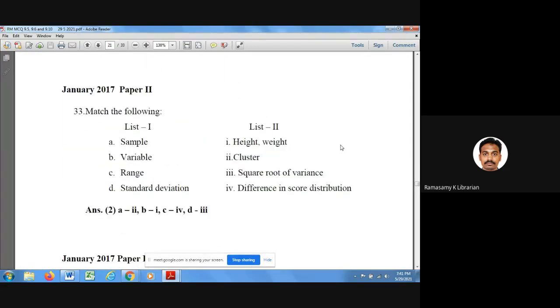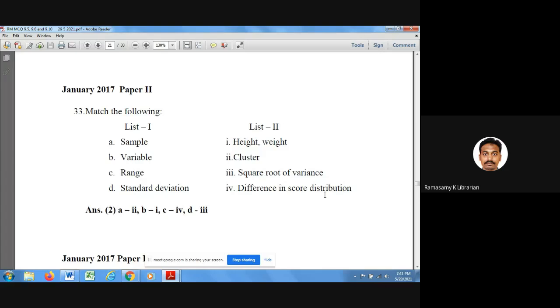Then once again a match. So sample, variable, range, and standard deviation. Let us see one by one. What is a variable? It can be height or weight. So height is a variable, weight is a variable. Anything which varies from one person to another person, one case to another case is called a variable. Okay, height and weight are variables. What is a range? Difference in score distribution. If you take a score of data, observed data, collected data, highest score, lowest score, find the difference, that's called range.